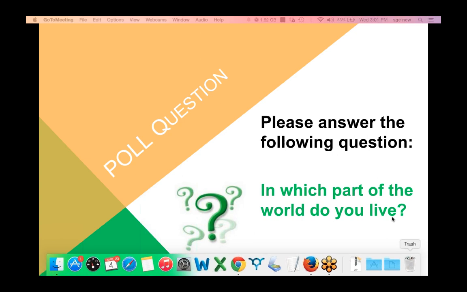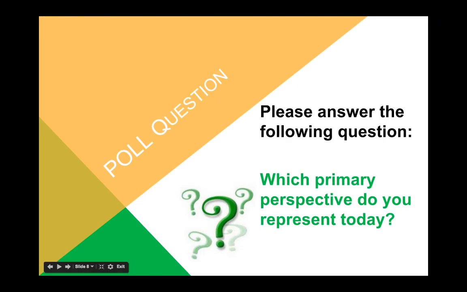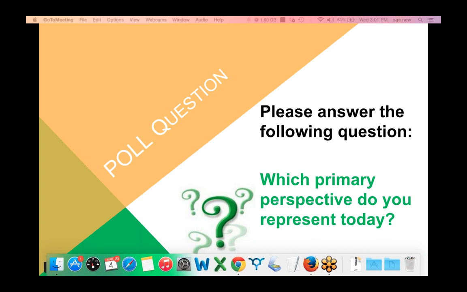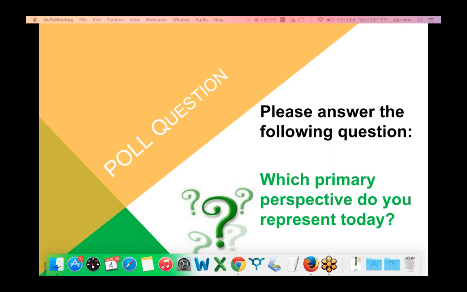The next one is, what perspective do you bring today? Are you an internal leader, an external consultant, a student, a teacher, professor, scholar, or an other activist or leader? If you want to add clarity to your choice, you can also put that in the chat room.